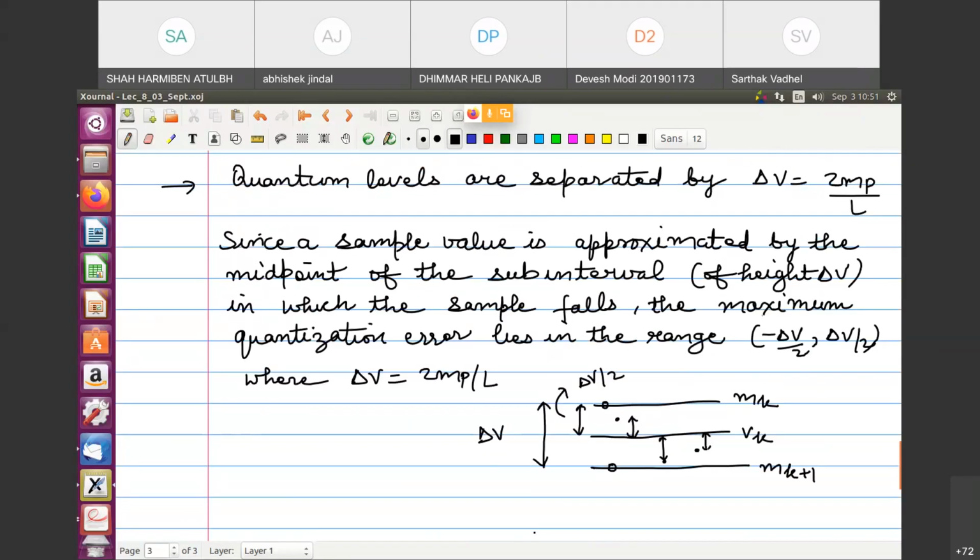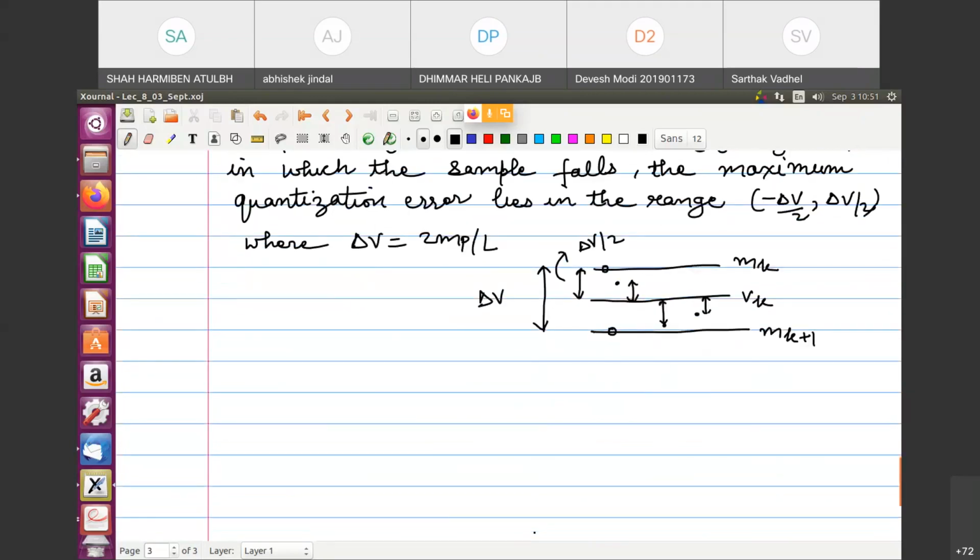The second thing to know: the sampling rate is 2B, because of the sampling theory.